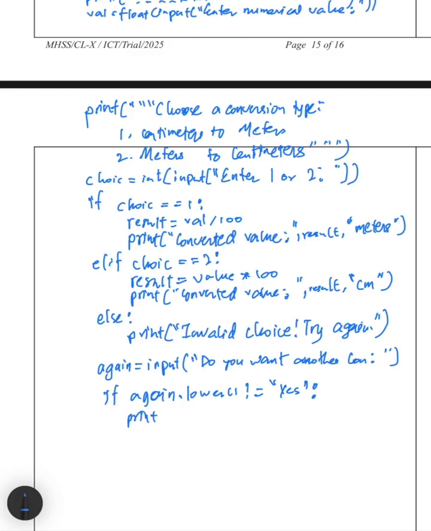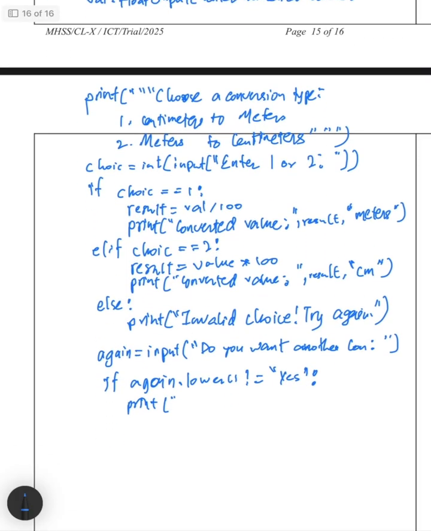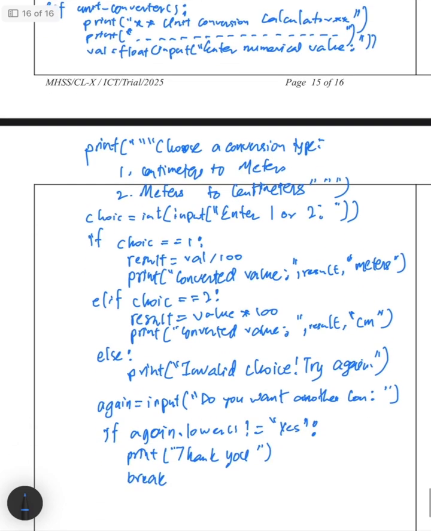We're going to print the farewell message here. Farewell message will say thank you. Then we will break from the while loop. So this is not going to be true. We are going to break from the while loop here.